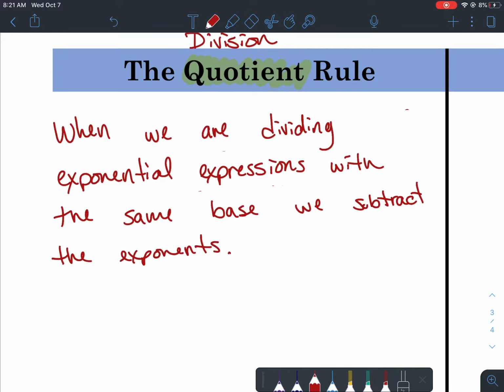So it's very similar to the product rule. We must be dividing, and we must have the same base, and that leads us to subtract the exponents.